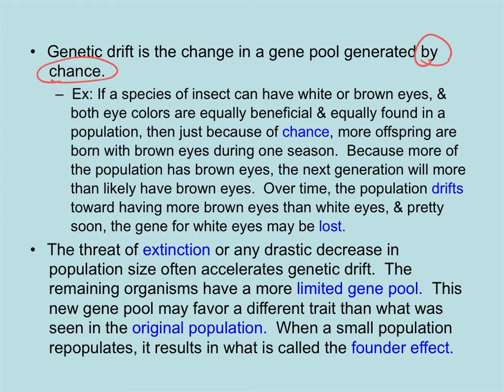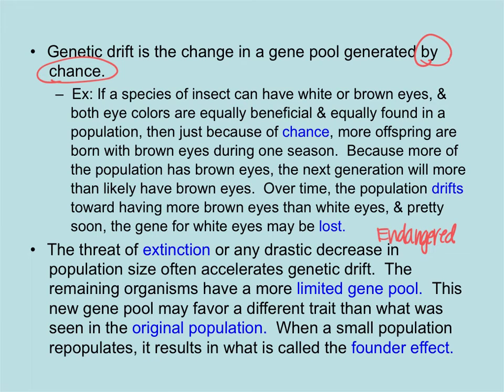The threat of extinction would be like being an endangered species, when you get to low numbers. When you have a drastic decrease in the number of organisms in that species, that accelerates genetic drift and makes it a lot worse. So the surviving organisms have a much more limited gene pool.